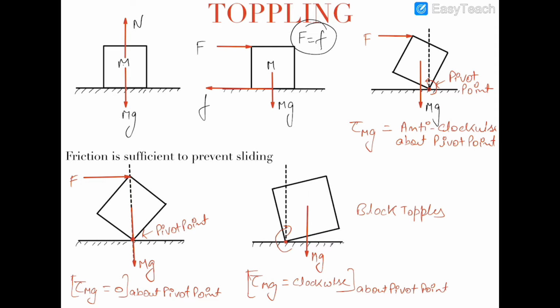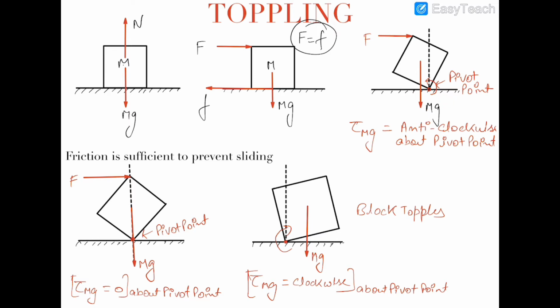So the major concept of toppling is that as long as the force mg is not on the right hand side of this vertical line passing through the instantaneous pivot point, the force F will try to topple the block. If the torque of F is less than the torque of mg, then this block will not topple.